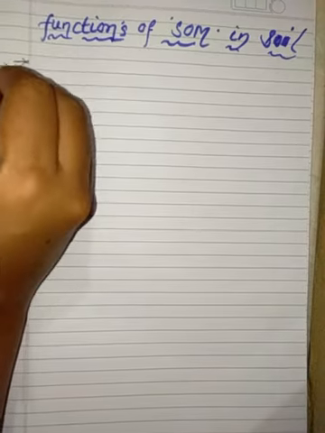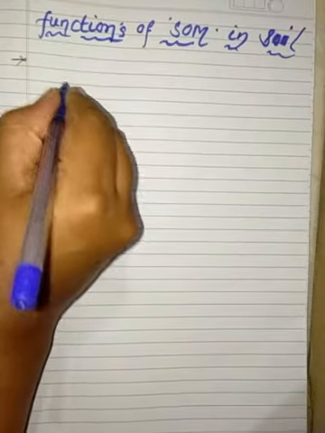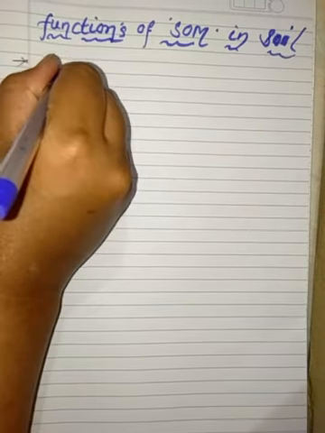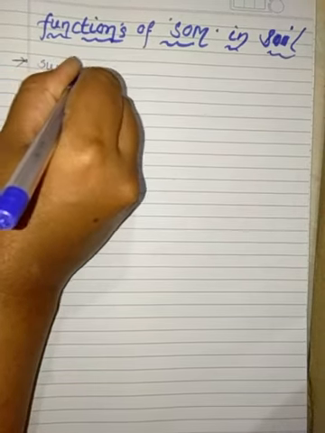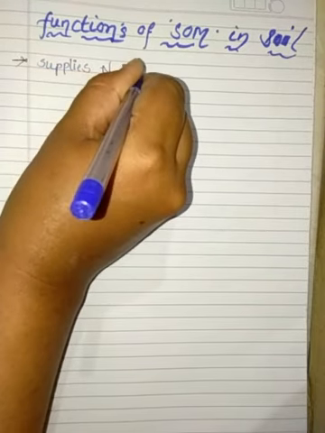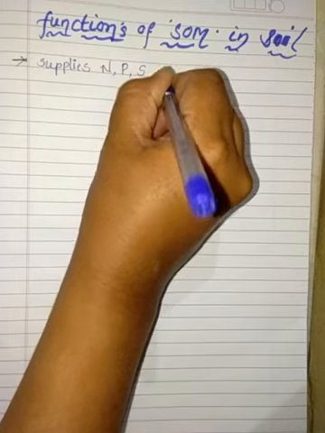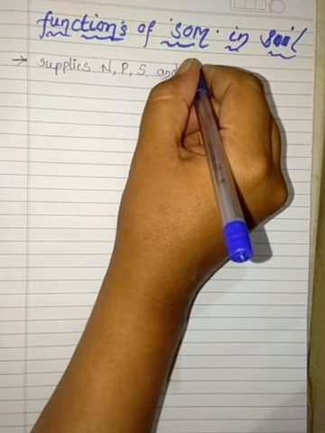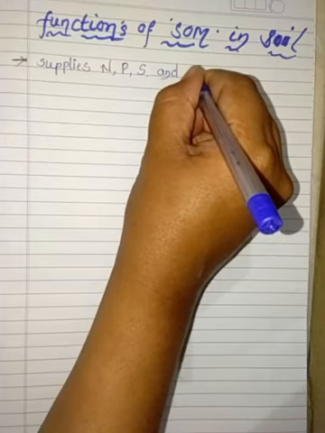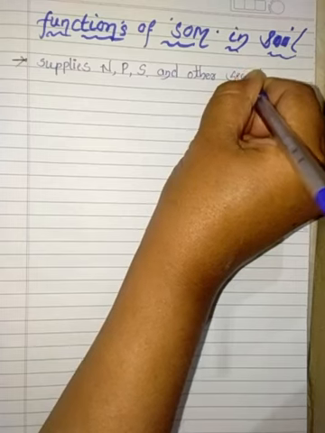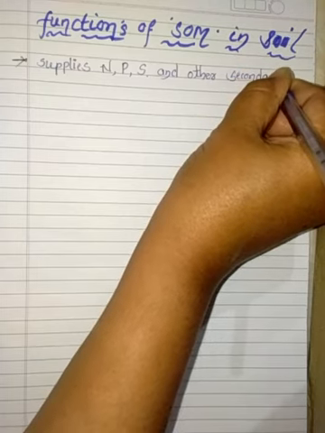First function is what? It supplies nitrogen, phosphorus, sulfur and other secondary micronutrients for plant growth.